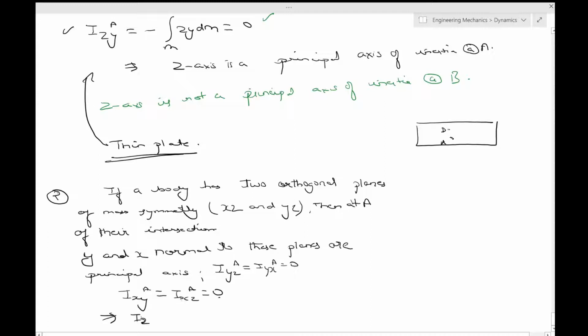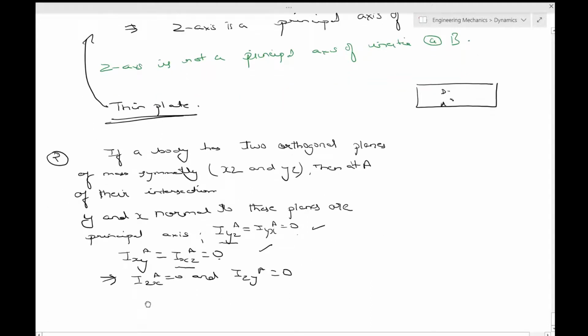These two are true separately. Since I_zx is equal to 0 and I_zy is equal to 0 because of this, this will automatically imply that Z is also a principal axis.